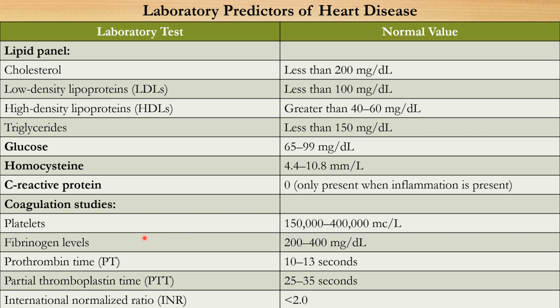Fibrinogen levels must be 200 to 400 mg per dl. PT level must be 10 to 13 seconds. The partial thromboplastin time must be 25 to 35 seconds. The INR value must be less than 2. So this is about the laboratory predictors of heart disease.